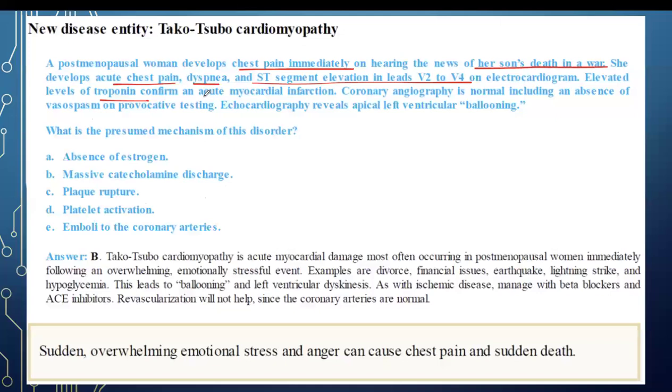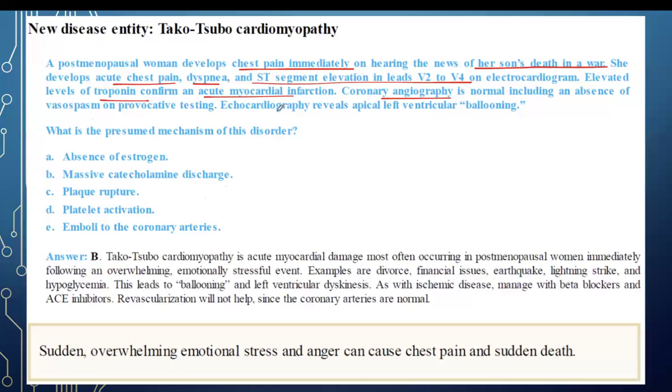Troponin is elevated, and you confirm acute MI. So you send the patient for a coronary angiogram, but there is nothing there. A coronary angiogram is a test which looks directly into the coronary arteries for any blockage. So how come this patient has raised troponin and ST elevation, but the coronary angiogram is totally normal?